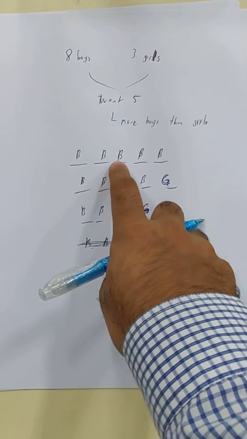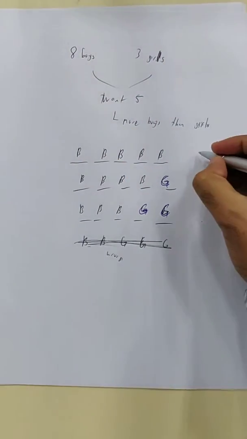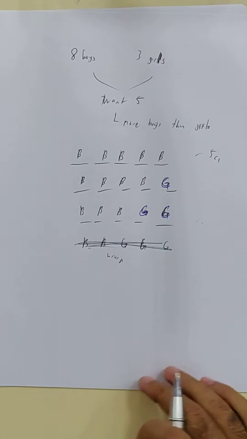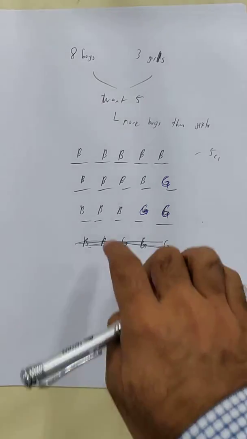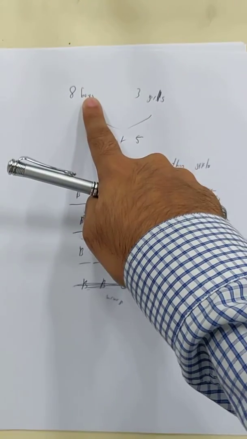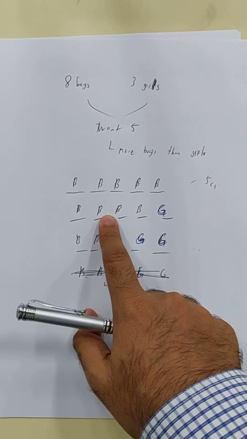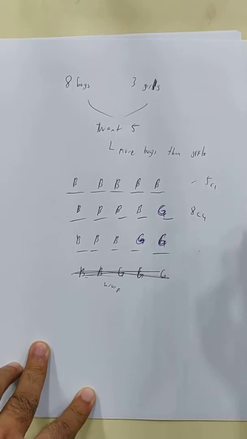How do I calculate the first one? 5C1 or C or P? C. Next one. How many boys do I have? How many do I want? So 8C4.